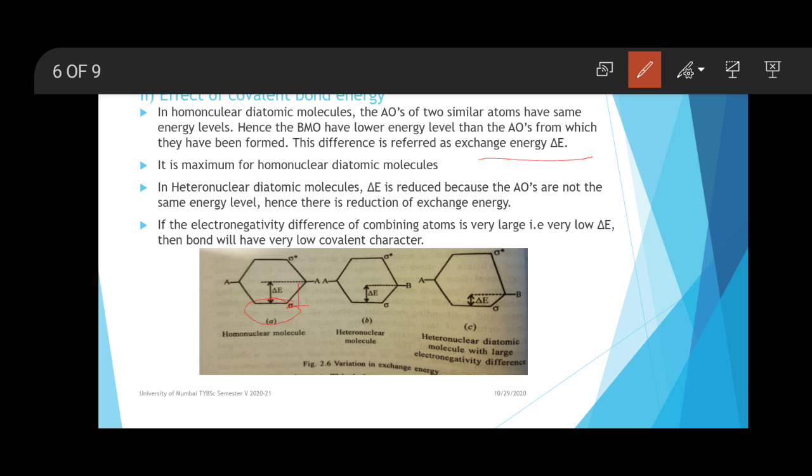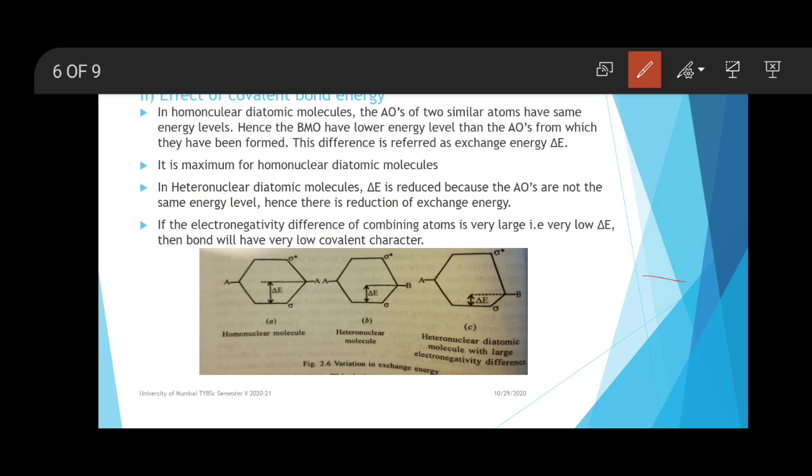But in a heteronuclear diatomic molecule, this is reduced because the atomic orbitals are not of the same energy. If the energy difference between the two atoms is very large, there will be very little delta E, and the covalent character of such a molecule goes on decreasing. Keep that in mind about the exchange of covalent energy.